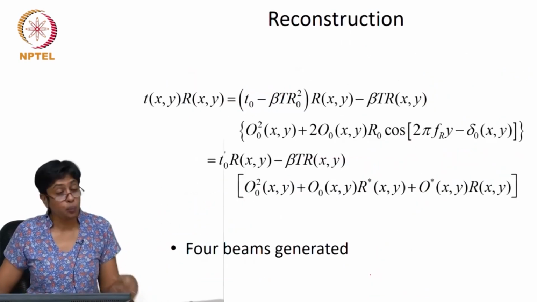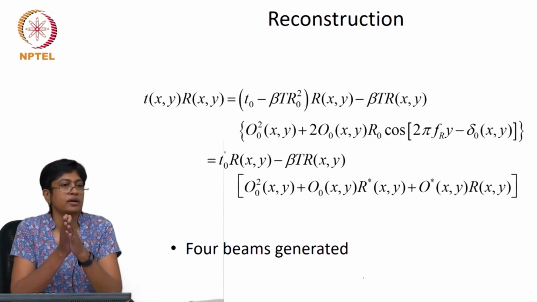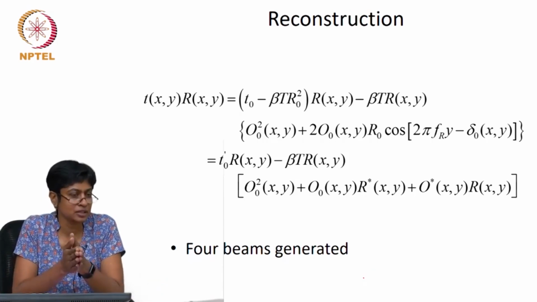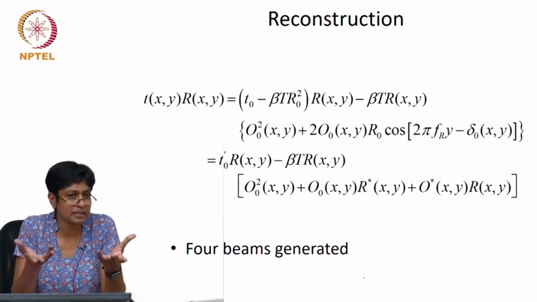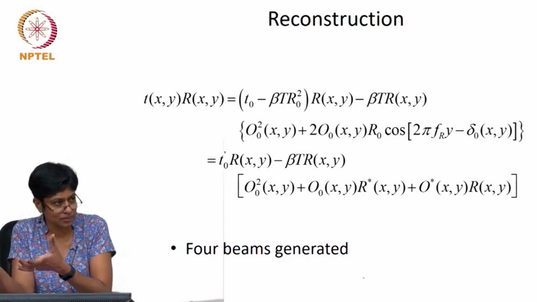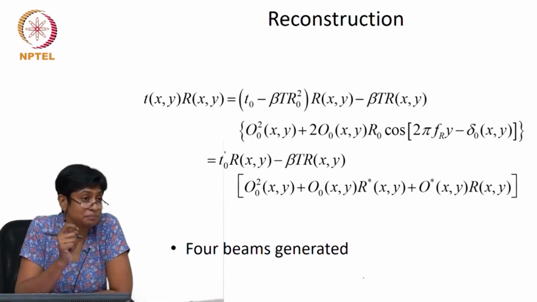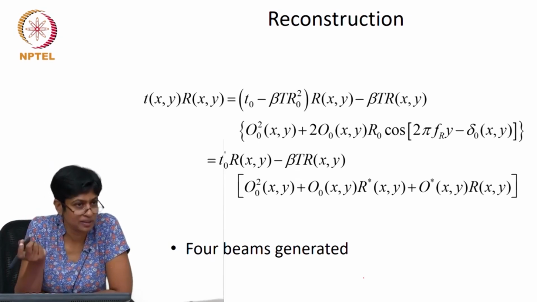So, how do we do the reconstruction? Well, we know if you have an optical element with a certain transmittance, you multiply it by the incident beam to find out what happens after the element. So, that is what we will do here. And what is the incident beam? What does it have to be for a hologram? It has to be the reference wave.